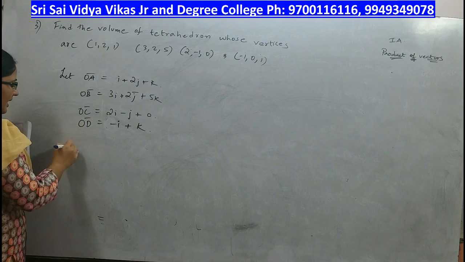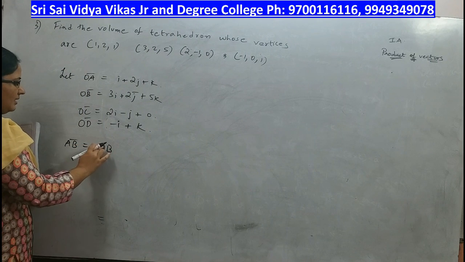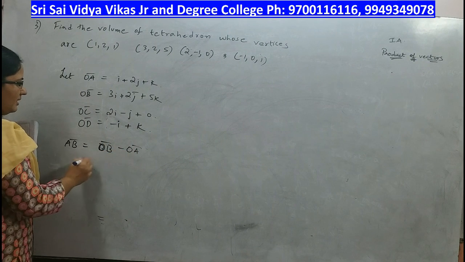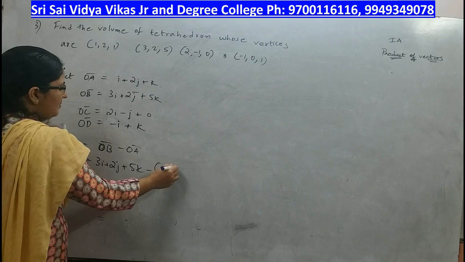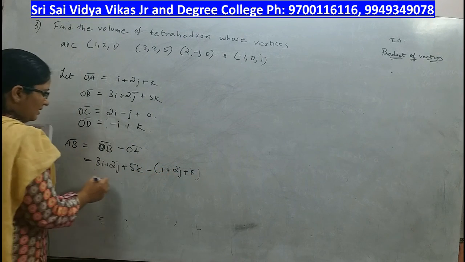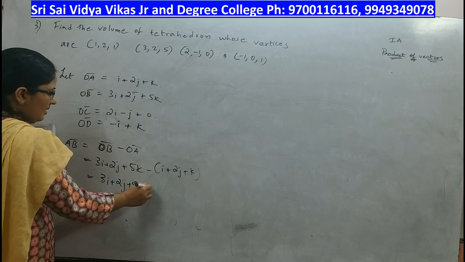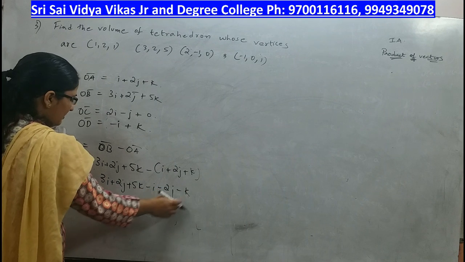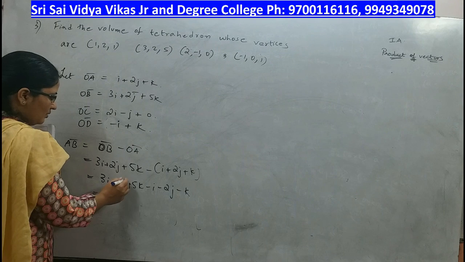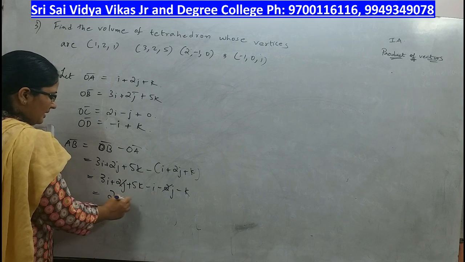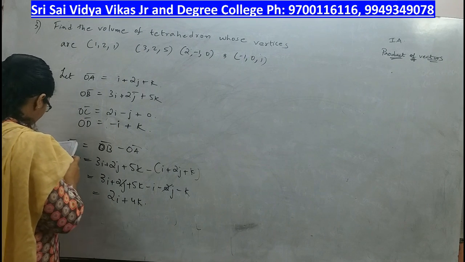AB is equal to OB minus OA, that is 3i plus 2j plus 5k minus i minus 2j minus k. 3i minus i is 2i, plus 2j minus 2j cancel, 5k minus k is 4k. So first one is 2i plus 4k.